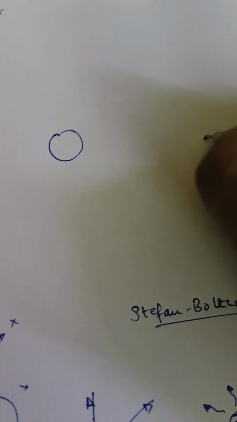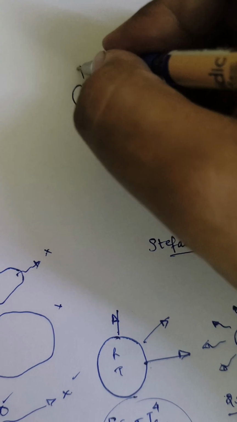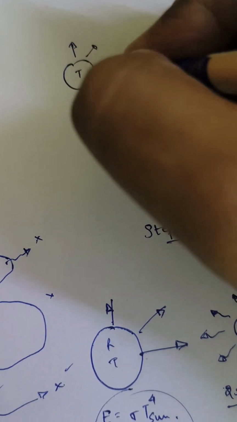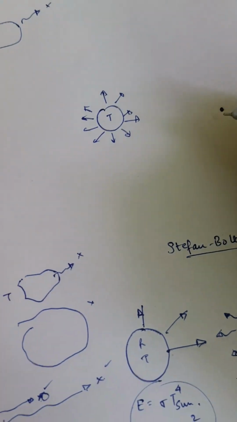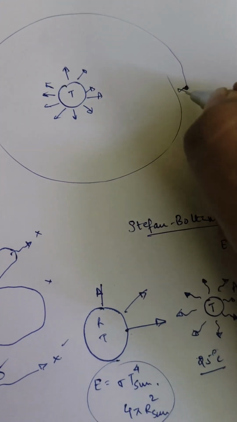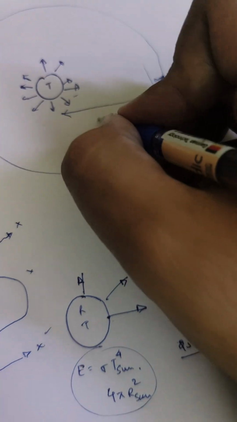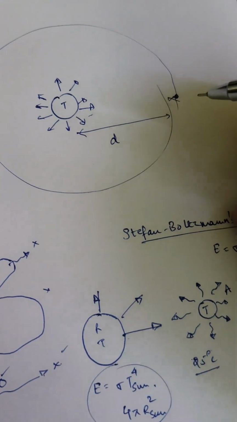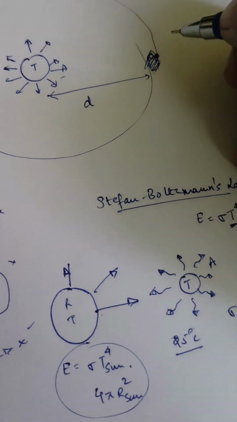So if this is the sun, and this is the Earth somewhere, the sun, because of being hot, radiates out heat in all possible directions, basically in a sphere of some particular radius, which is the distance d between the Earth and the sun. Earth is only sitting in a patch of this sphere.